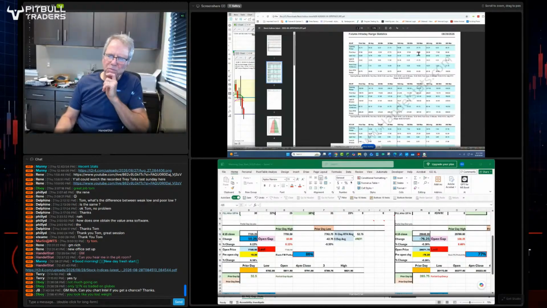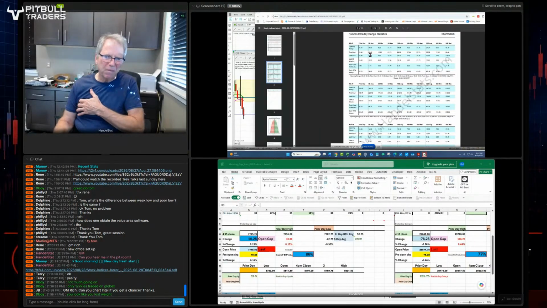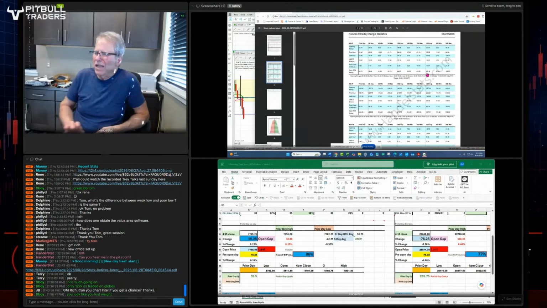The average has been 19, 20 over the last 10 days, and we were like 15 today. And the first hour has been like basically 23, 24. So we just expanded and hit that. But the day has been running about 40 over the last 10 days, way up from what it was 30 days ago.